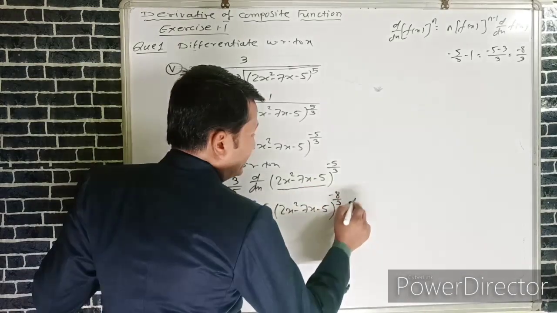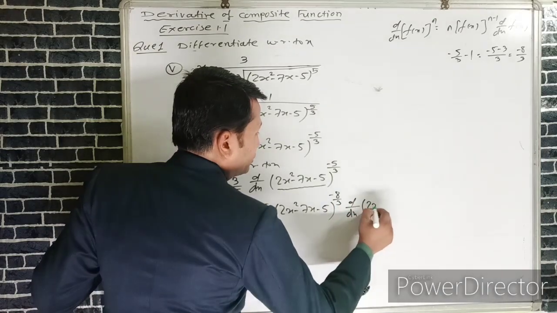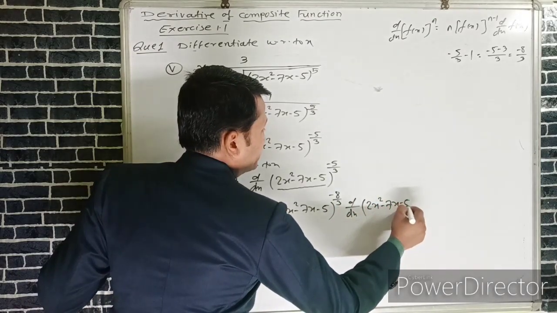And we take again the derivative of the function 2x² − 7x − 5.